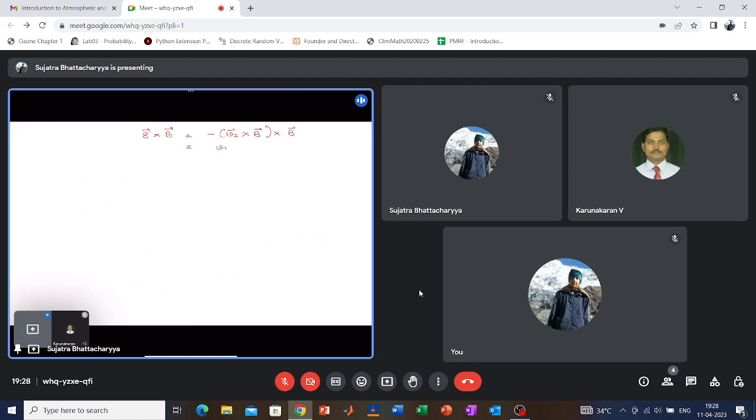We can easily write v2 B square minus B v2 dot B. And since v2 is not in the direction of the B, this can be taken as 0. Therefore, we can write this v2 is E cross B by B square. This is the expression of the drift velocity. Drift of the guiding center, the guiding center which we have just defined. In this case, drift of the guiding center is the drift velocity.